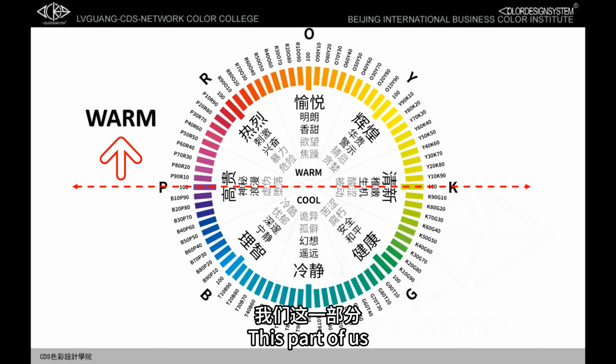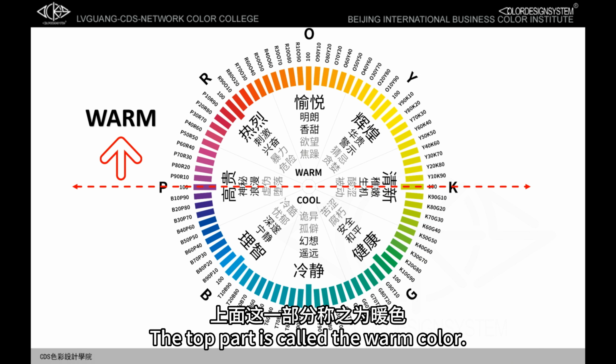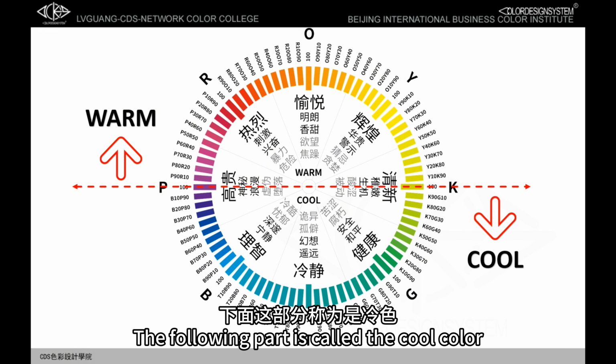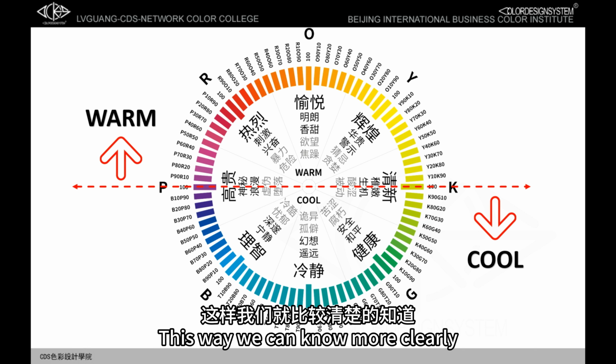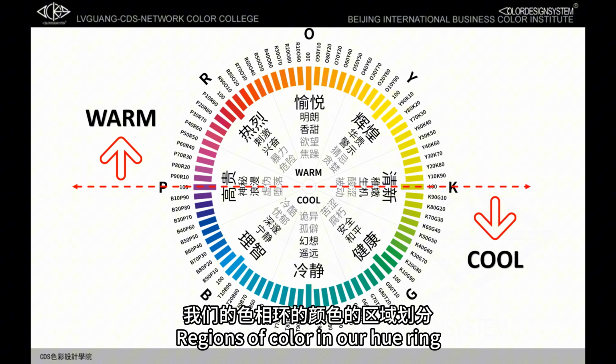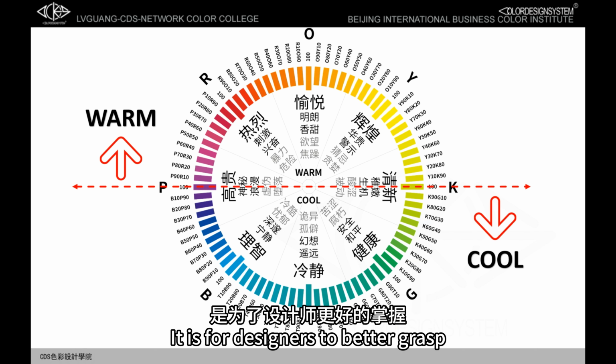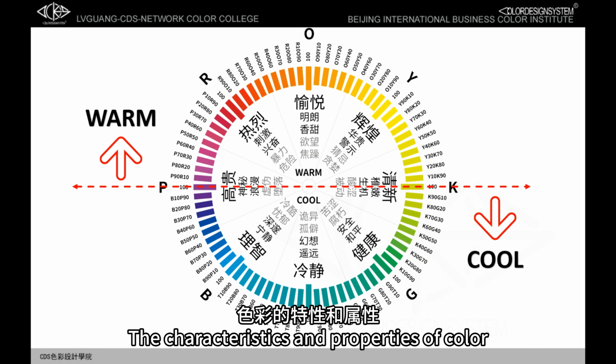The top part is called the warm color, and the lower part is called the cool color. This way we can know more clearly the regions of color in our hue ring. This regional division is for designers to better grasp the characteristics and properties of color.